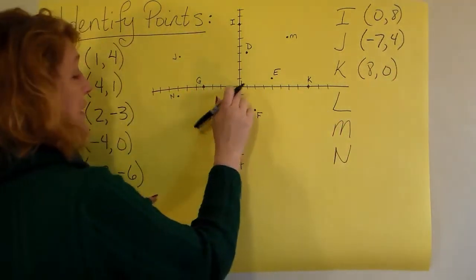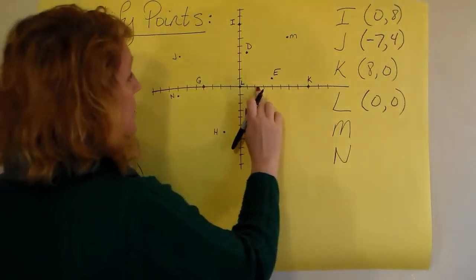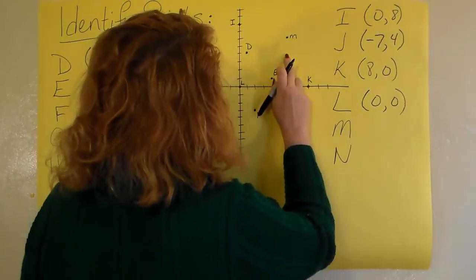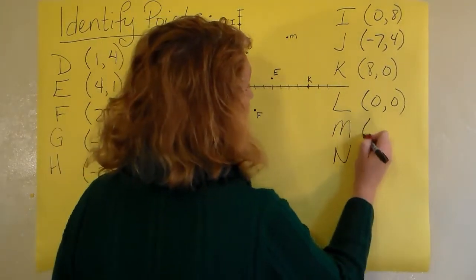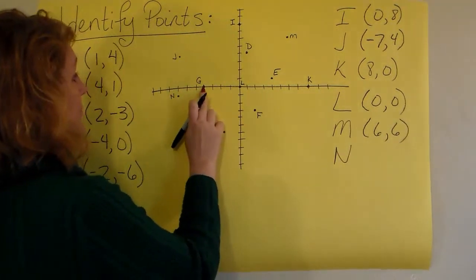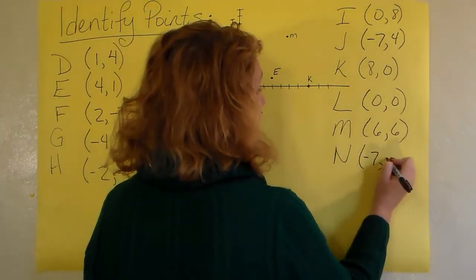L is the origin. M, 1, 2, 3, 4, 5, 6. 6, 6. N is 1, 2, 3, 4, 5, 6, 7, 1. Negative 7, negative 1.